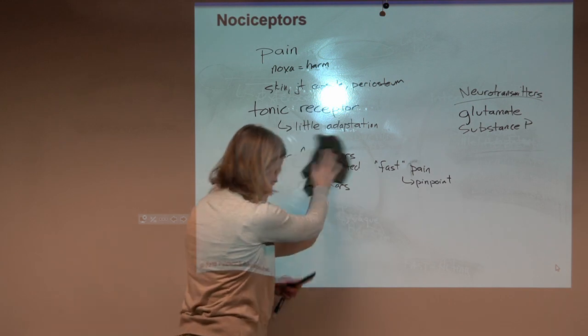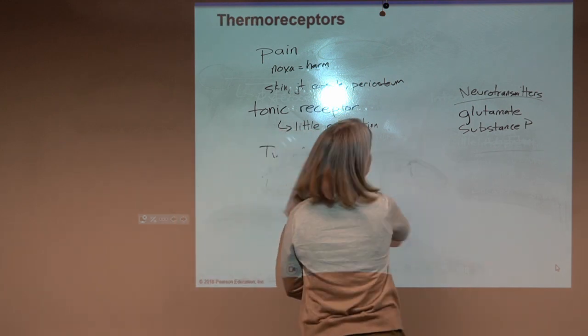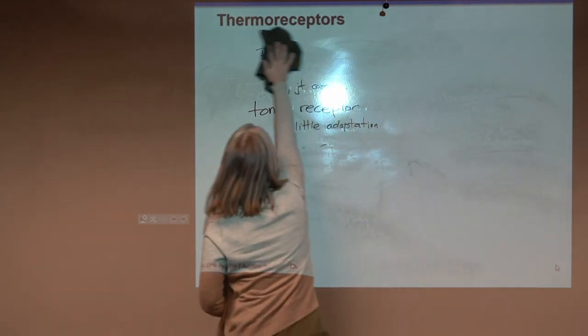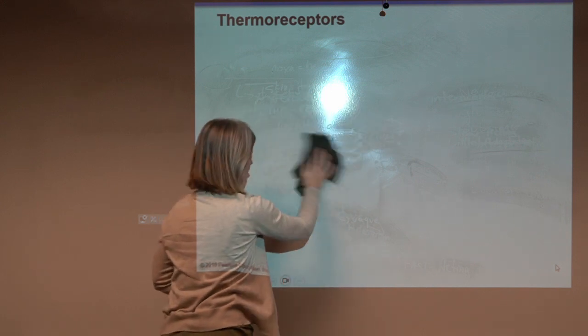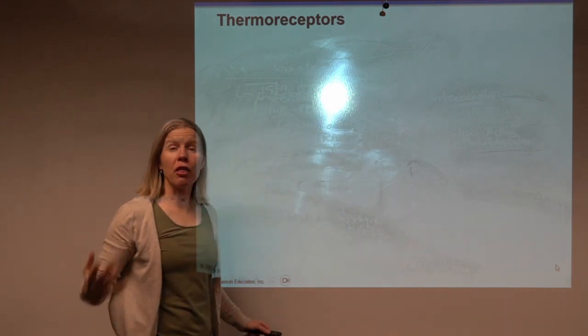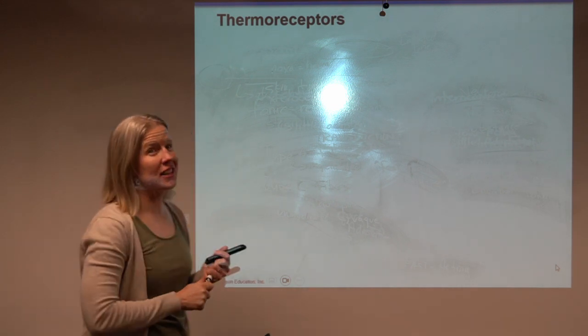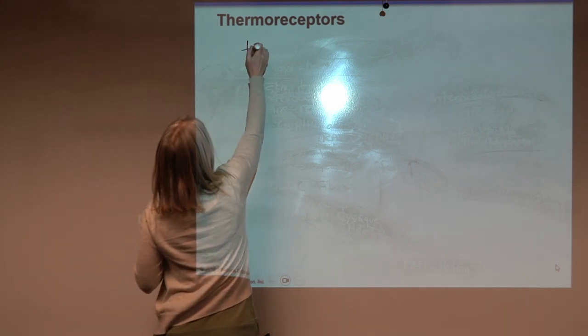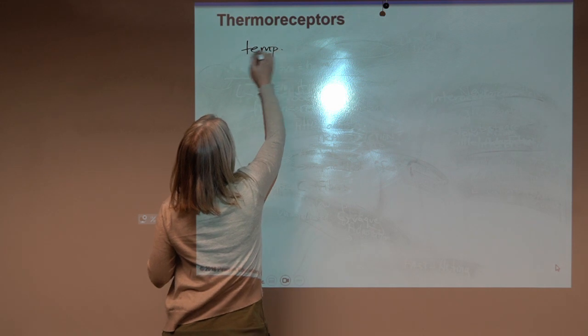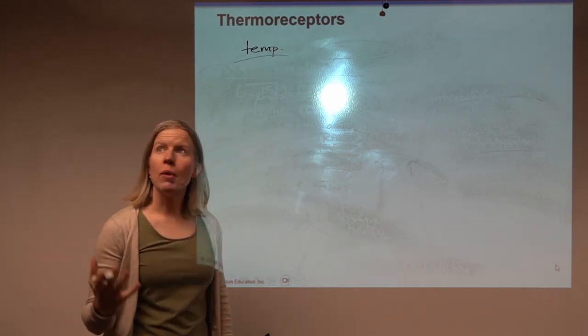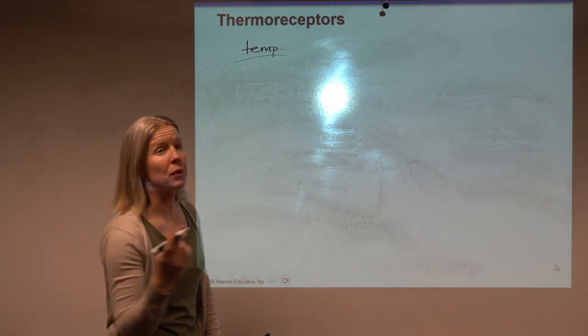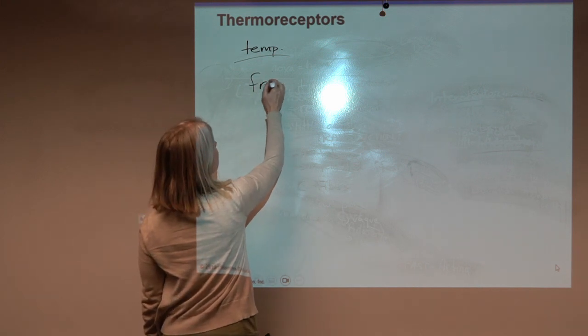Moving on here. So our next group of receptors are the thermoreceptors, and as you might guess, these do in fact sense temperature. Right? Most of our thermoreceptors are going to be free nerve endings.